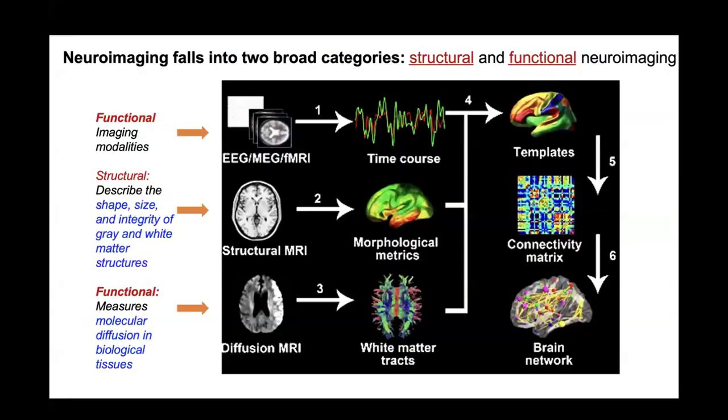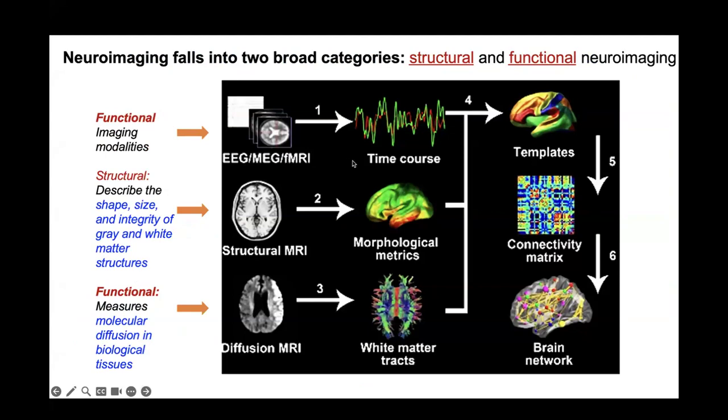This is a brief introduction about neural imaging. Modalities fall into two broad categories: structural neural imaging and functional neural imaging. We now focus on functional neural imaging data, MEG data. MEG, functional MRI and EEG are all functional imaging modalities.